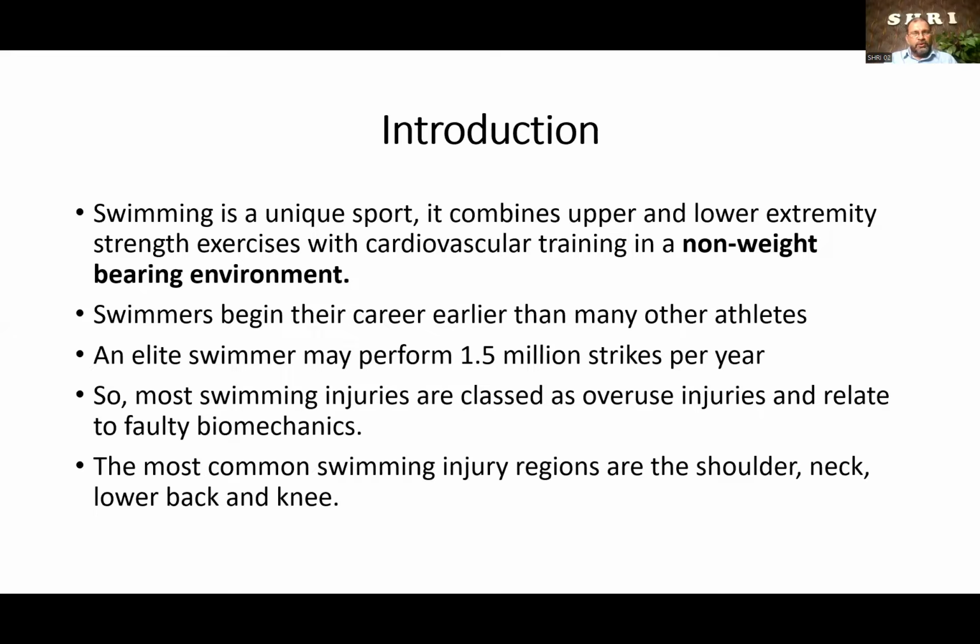So without knowing at least the basic biomechanics, it is very difficult to diagnose and treat the injuries in swimming or injuries in any sports. So the most common swimming injury regions that today we are going to discuss are shoulder, neck, lower back, and knee.